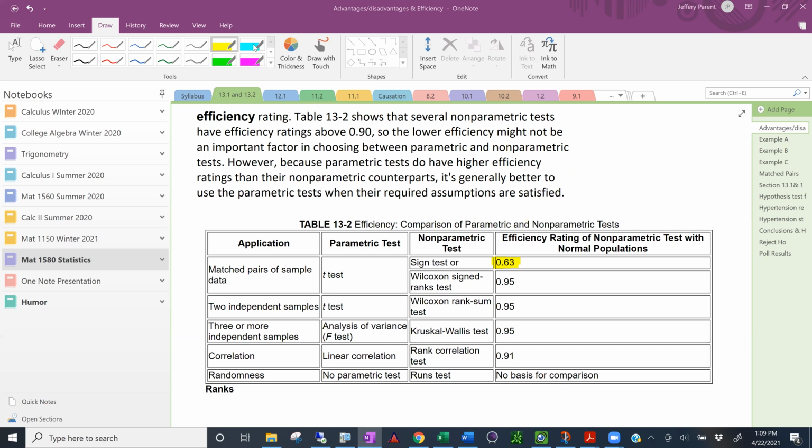When I was in college, earning my master's degree, I was pretty down on non-parametric tests. I never took the class. I'm like, ugh, waste of time. I always use a parametric test. But I've changed my attitude on that. If you look at the efficiencies of some of these non-parametric tests, 95%, 91%, those are really good. And a lot of times your assumptions for these parametric tests just don't hold up.